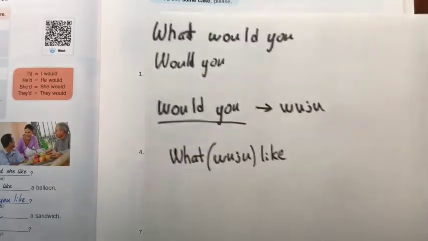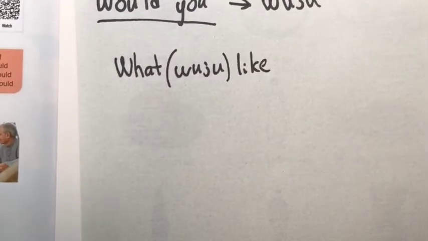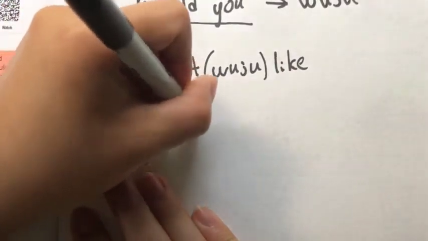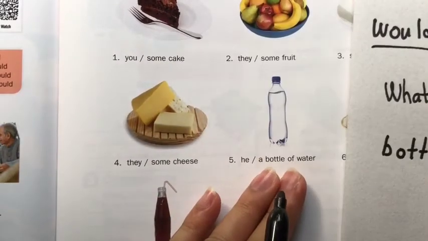Okay, so now, because we're practicing pronunciation, let's keep going. We have the word bottle. This is a bottle of water.